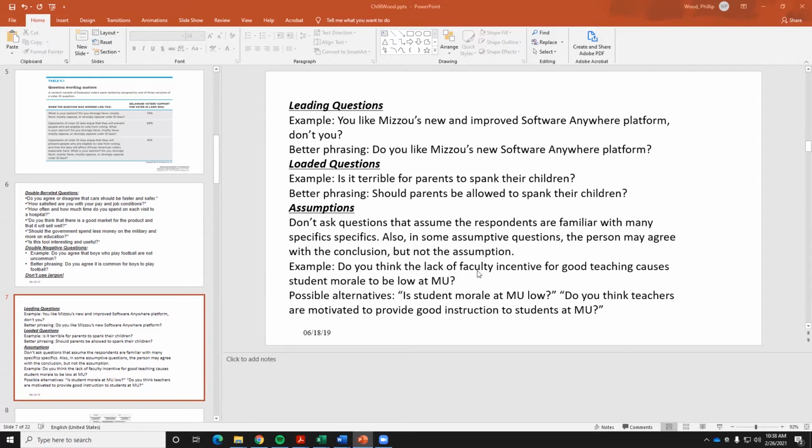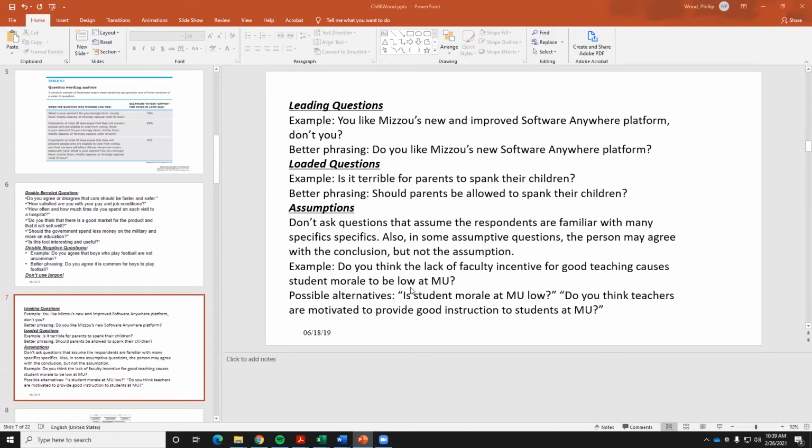So, do you think the lack of faculty incentive for good teaching causes student morale to be low at MU? Maybe you think that student morale is low. I was just talking with my daughter last night, who said, I'm really tired of COVID on this campus. Morale is very low. But if you're given this question, you might agree that morale is low, but not agree that it's due to the faculty incentive for good teaching.